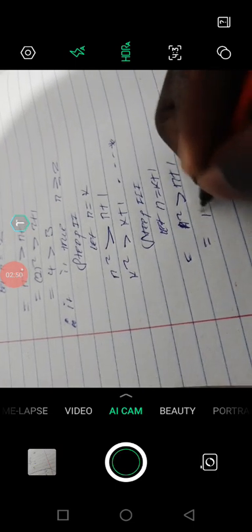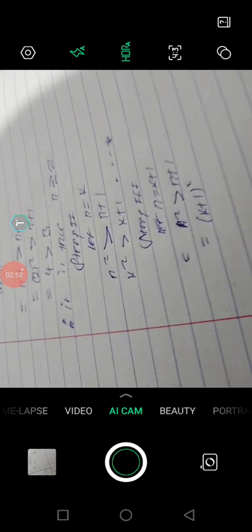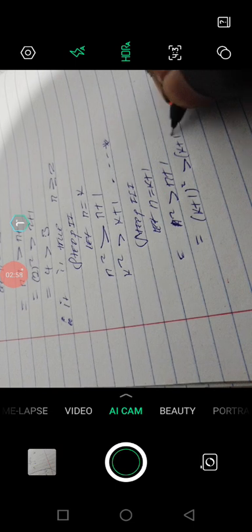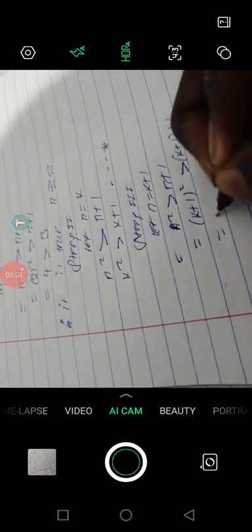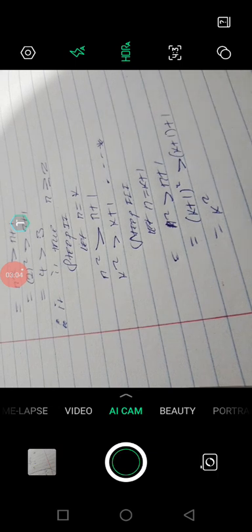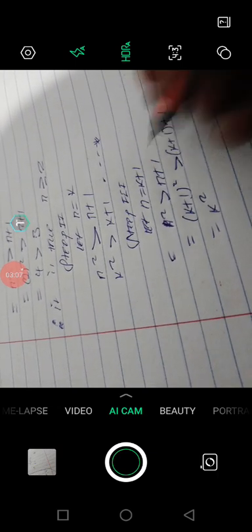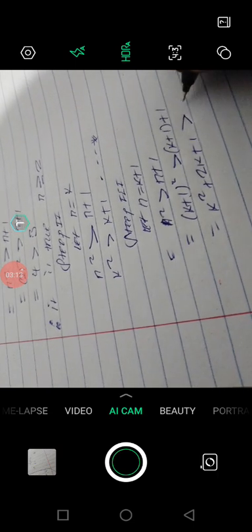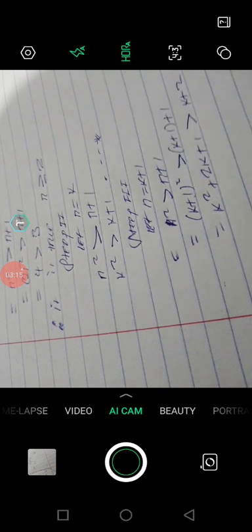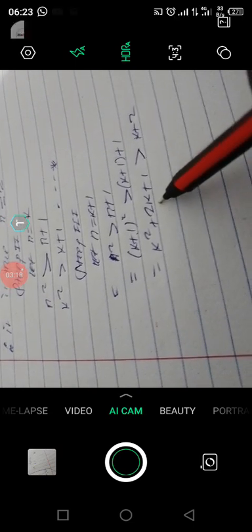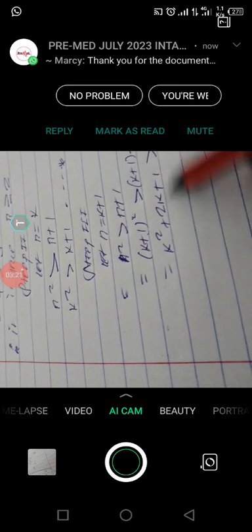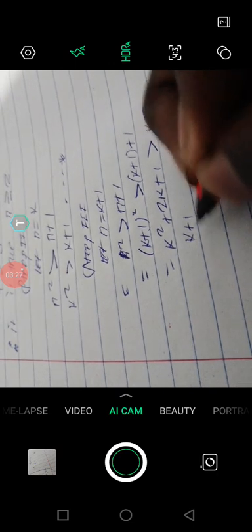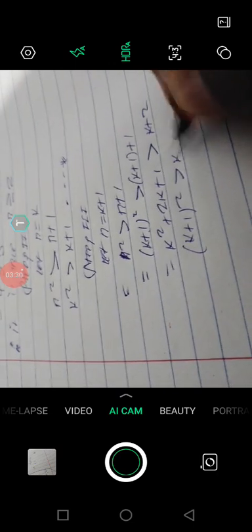Whatever is n, put k plus 1, squared, greater than k plus 1, plus 1. That is k plus 1 squared greater than k plus 2. Now, if you see very properly, this one applies with k plus 1 squared, which is greater than k plus 2.